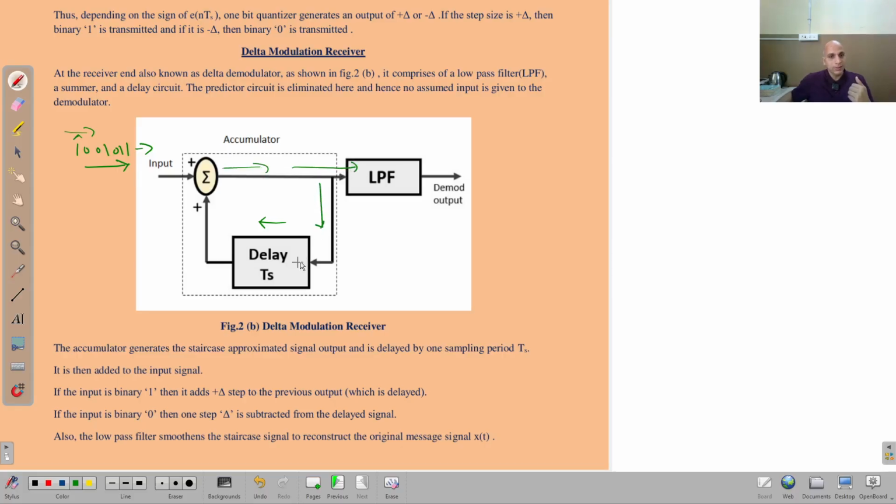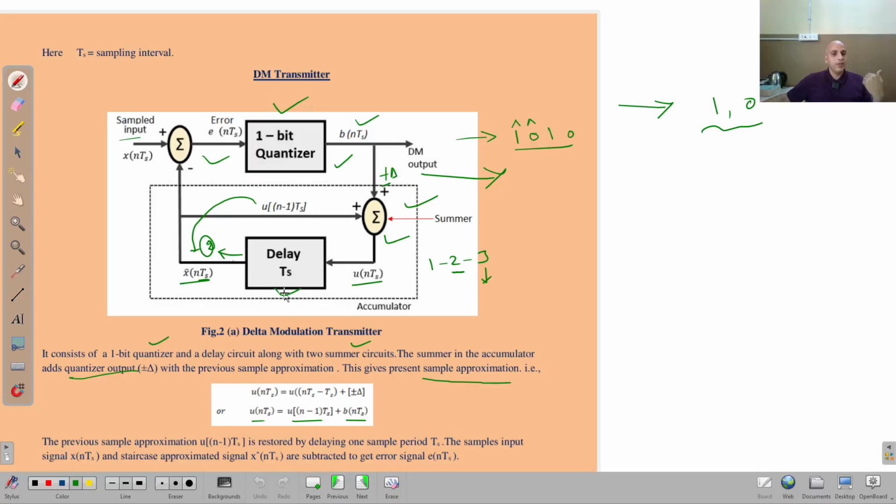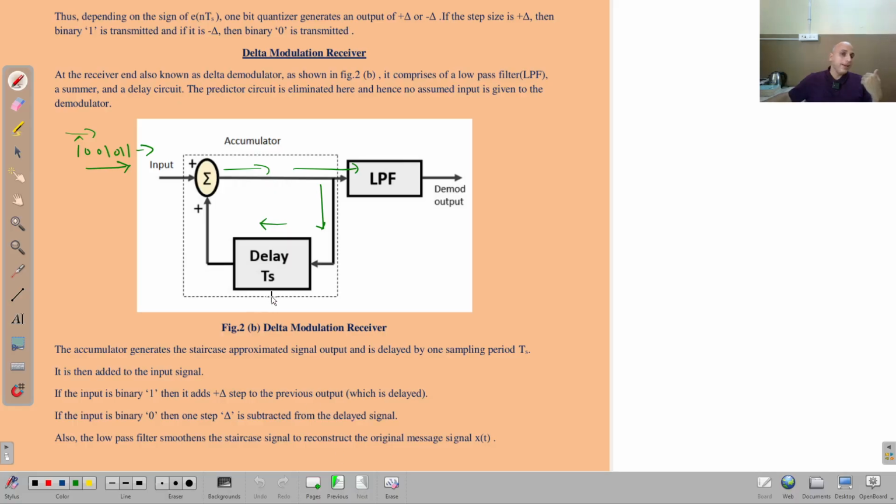It will also send to this circuit, and this circuit again will produce a delayed output, delayed means one step earlier output, just like in this case delay Ts. So again the same thing is applied here. When the output reaches the low pass filter, it will decode that and make the approximation of that signal. You can see here the accumulator, this entire dotted line circuit is called accumulator, generating the staircase approximation of the signal output, and it is delayed by one sampling period.